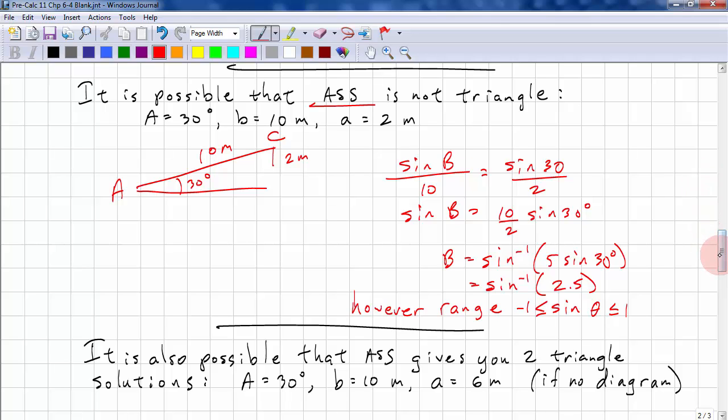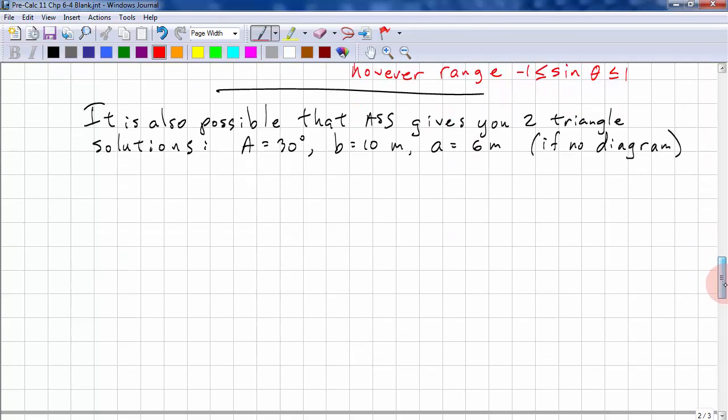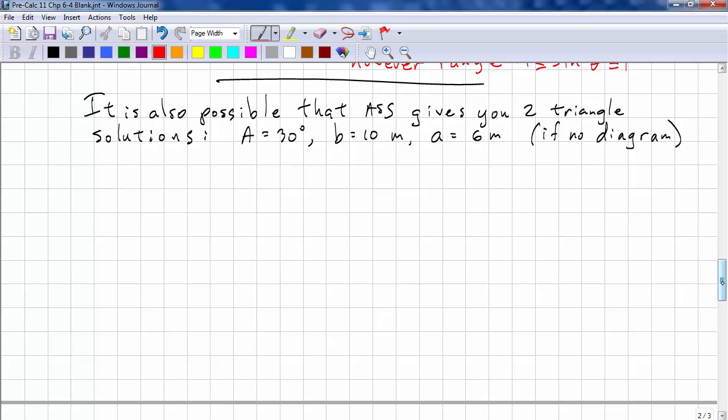So what else can happen with the ASS triangle? We can get two solutions. So let's draw a triangle again. And I'm just going to draw that out like that. So we have 30 degrees, that's A. We have B is 10 meters.